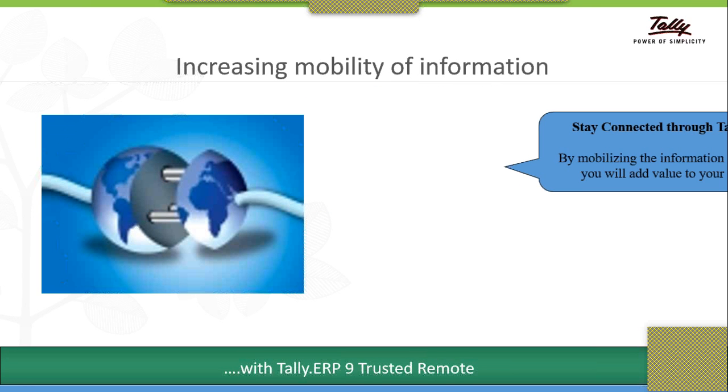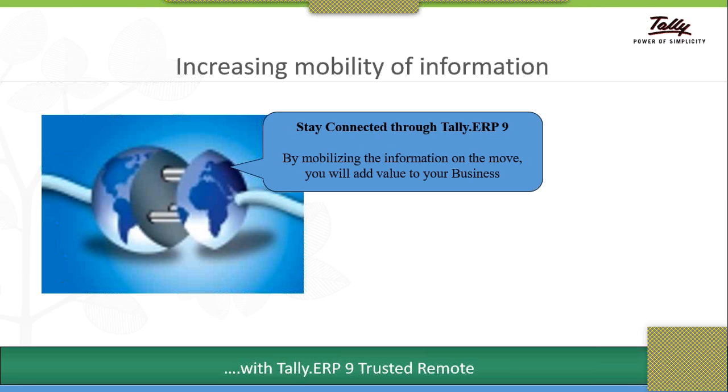So stay connected through Tally.ERP 9 by mobilizing the information on the move, which will add value to your business with Tally.ERP 9 trusted remote access. This is all about increasing mobility of information through trusted remote access capability.